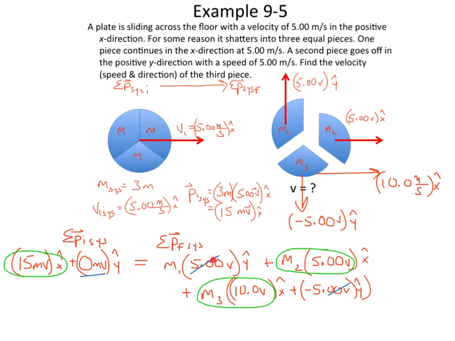We've canceled out the y's, and we've made sure the x's add up to 15 mass velocity units. And that's going to be the components of the final velocity for mass 3.